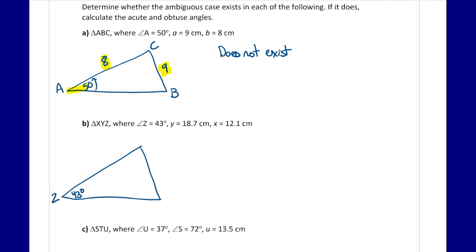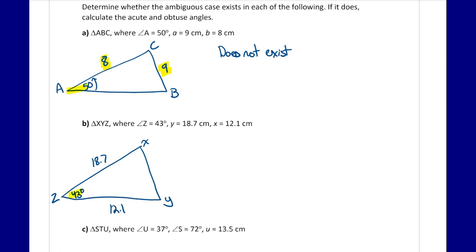Let's put the largest side over here, so let's make this Y, 18.7. We'll put the smaller side down here, 12.1. Because if it was larger than 12.1, maybe it was smaller than 18.7 or larger than 18.7 as well. So again, it's just easier if we put the longest side here and see what we get.